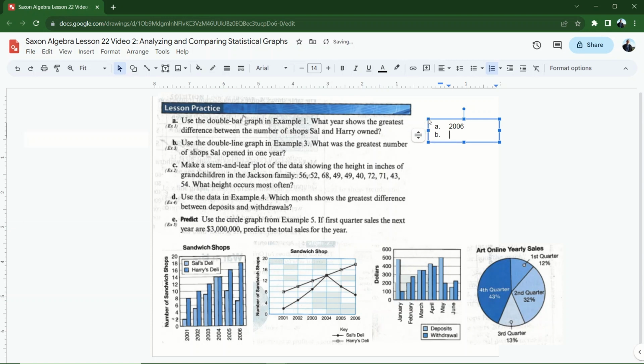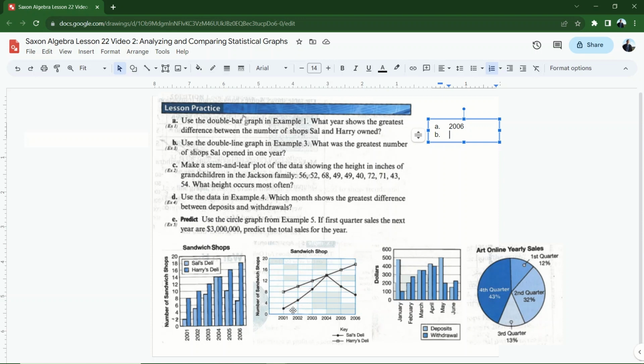Letter B, use the double line graph in example 3. That's this graph right here. What was the greatest number of shops Sal opened in 1 year? Here we're seeing a trend over time. The number of sandwich shops that Sal has are the filled-in circles, and Harry's are the squares.